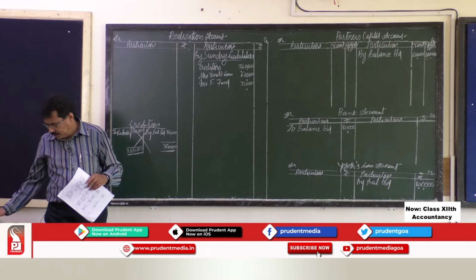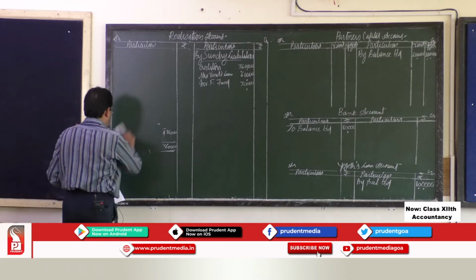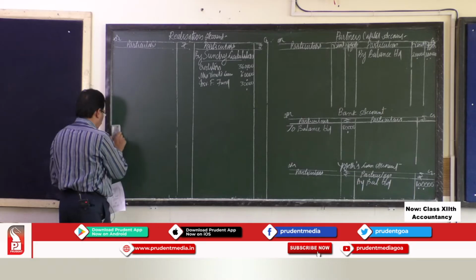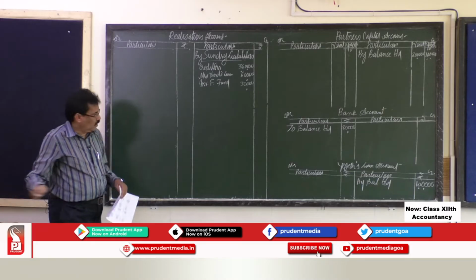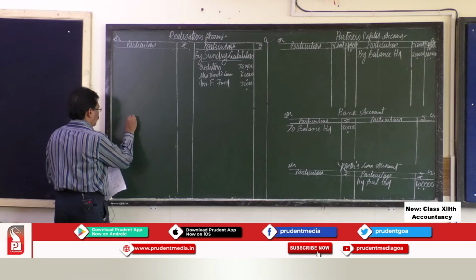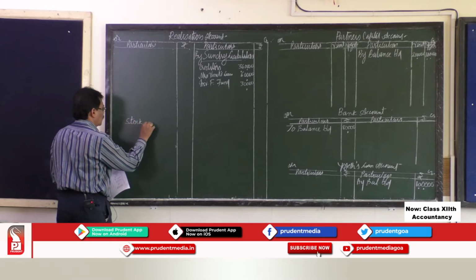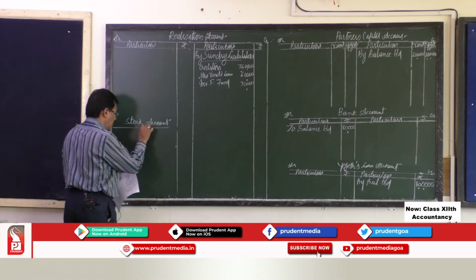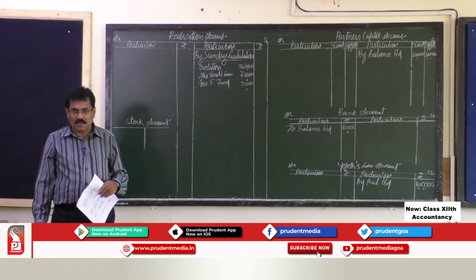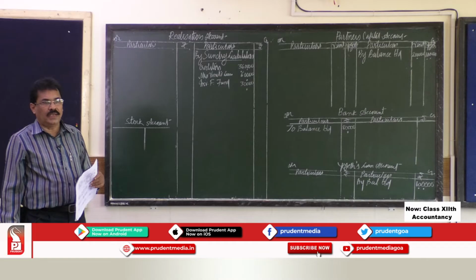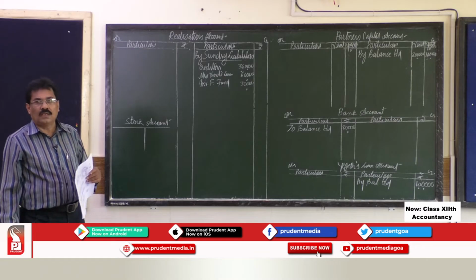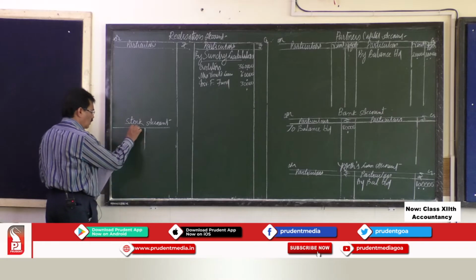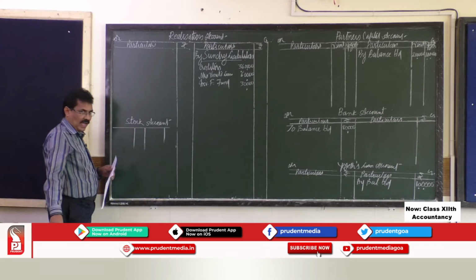Now let us assume that stock account is there. Stock account is an asset having debit balance. All assets have debit balance.